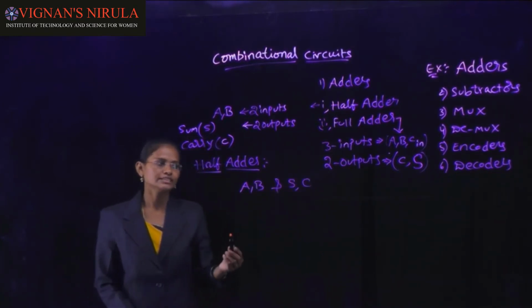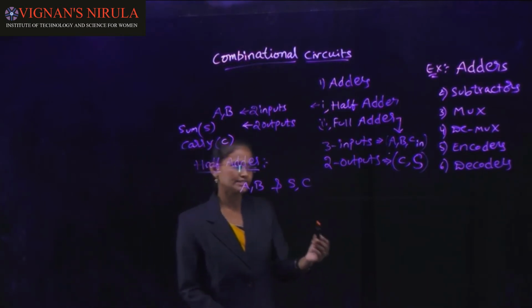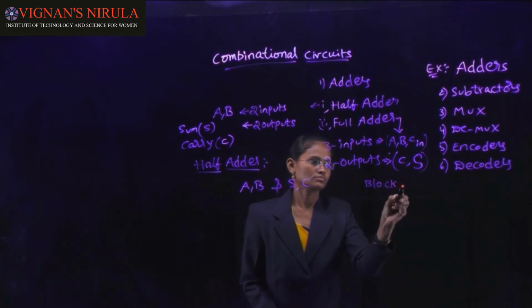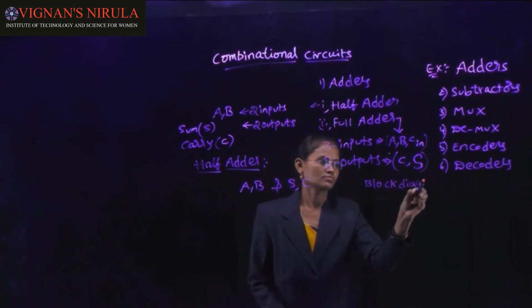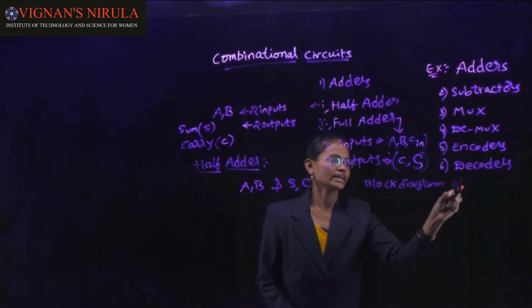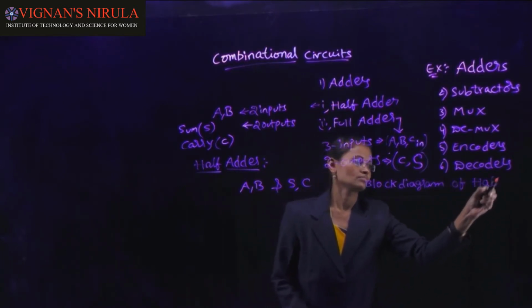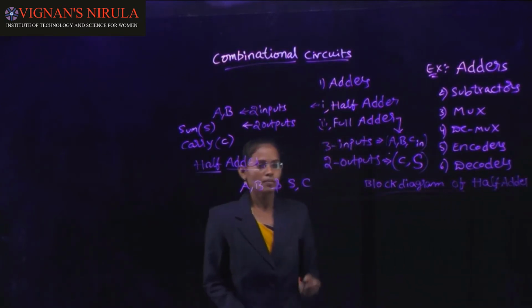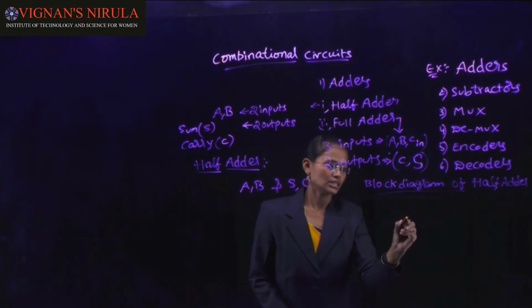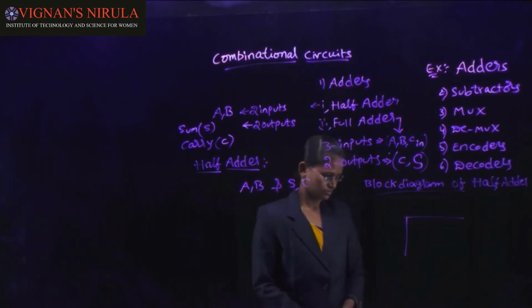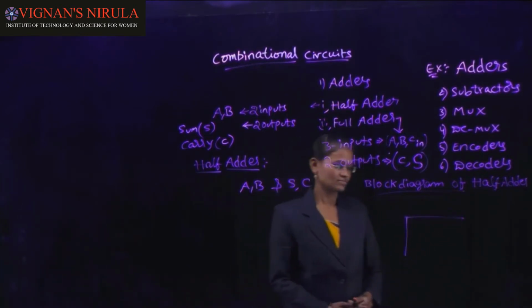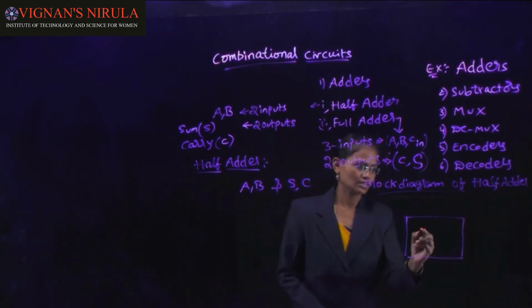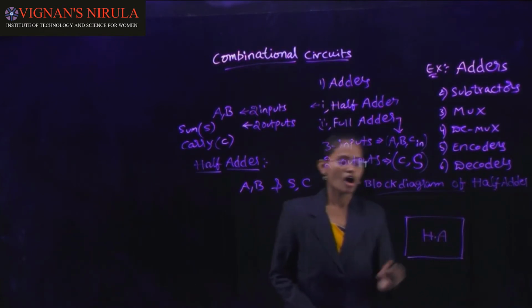First we draw the block diagram of the half adder circuit. Here HA means half adder.